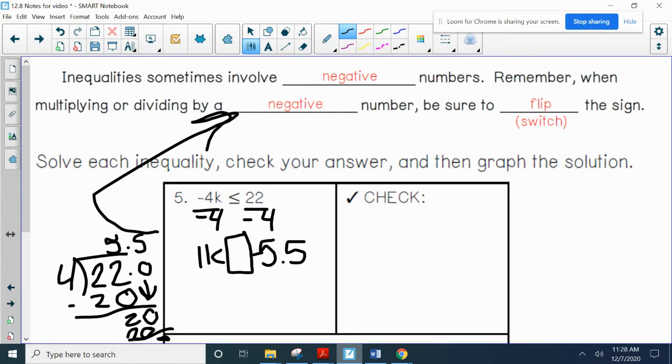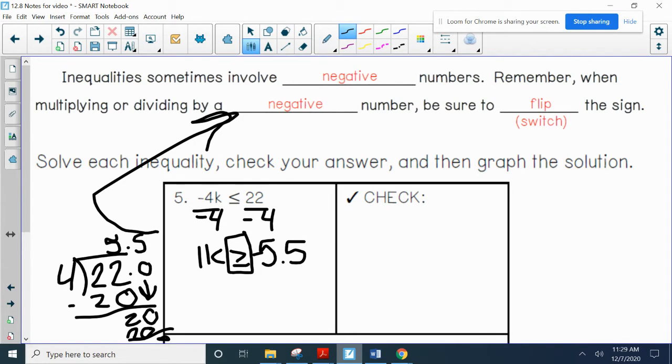And we have one last thing. We said that we must flip the sign. So because we divided both sides by a negative 4, that sign goes from less than or equal to greater than or equal to.